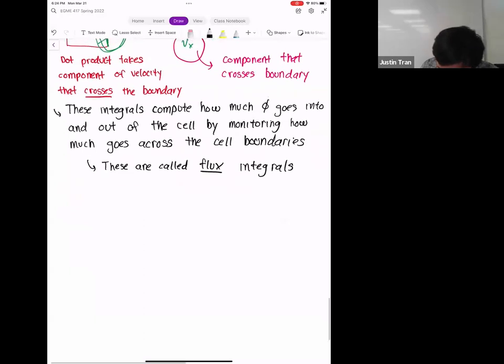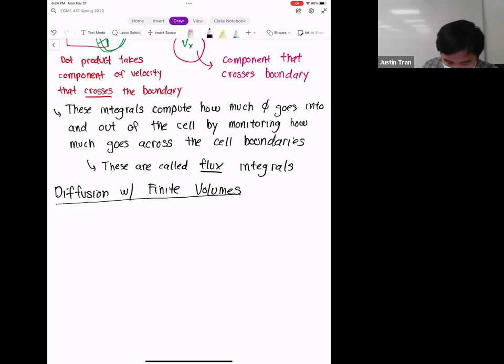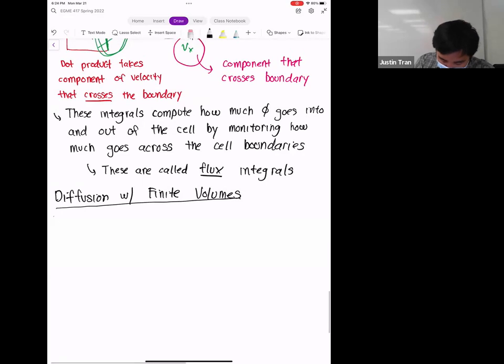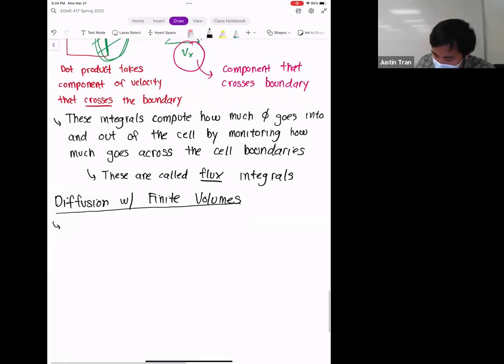Our first big topic in finite volumes is how to do diffusion problems with finite volumes. So let's first solve a simple steady diffusion equation with finite volumes, just to get used to the method.